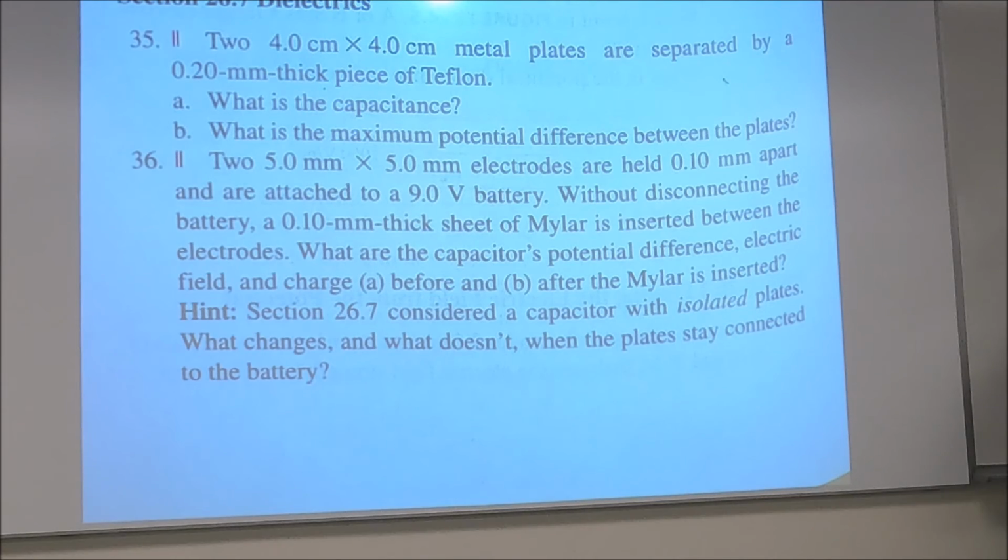So I've got a plate that's 4 centimeters by 4 centimeters, and the plates of the parallel plate capacitor are separated by 0.200 millimeters. And we want to know what the capacitance is. And we have Teflon.